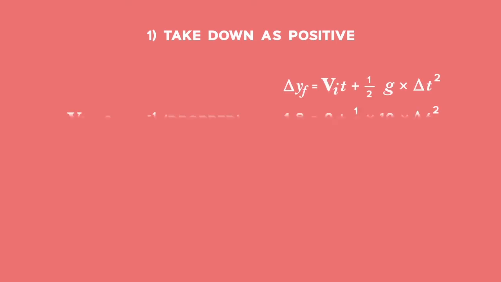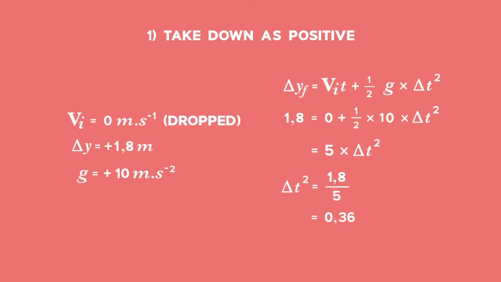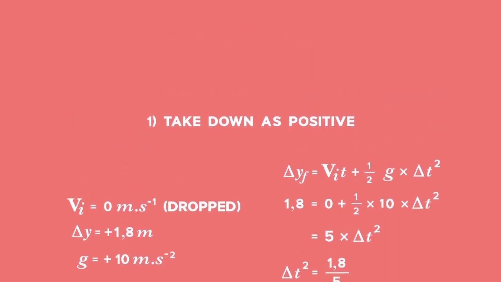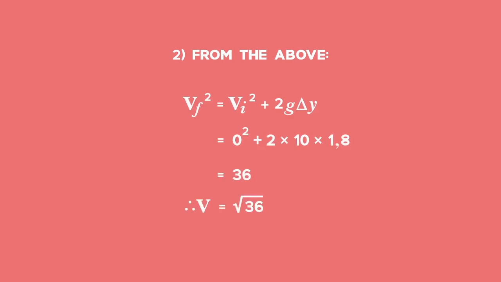4.1. How long in seconds does it take for the ball to hit the ground after it has been dropped? 4.2. At what speed does the ball strike the ground? 4.3.